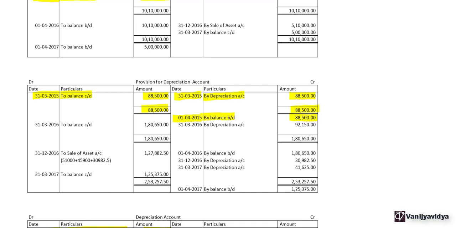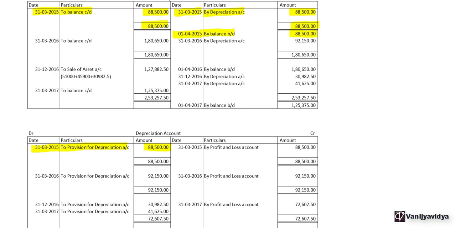In this case the asset account will always be reflected at the cost of the asset, and provision for depreciation will have the accumulated depreciation for all the years for those assets. Now next, the depreciation account. Since the depreciation account is an expense account, on 31st March 2015 we transfer it to the profit and loss account and close it. By profit and loss account 88,500.